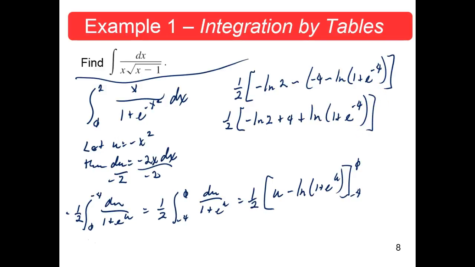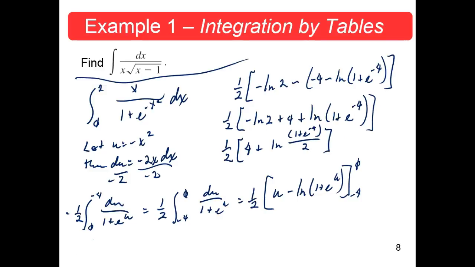I think that's about as far as we can take it. Maybe one more step: 1/2 times 4 plus ln of 1 plus e to the minus 4, over 2.